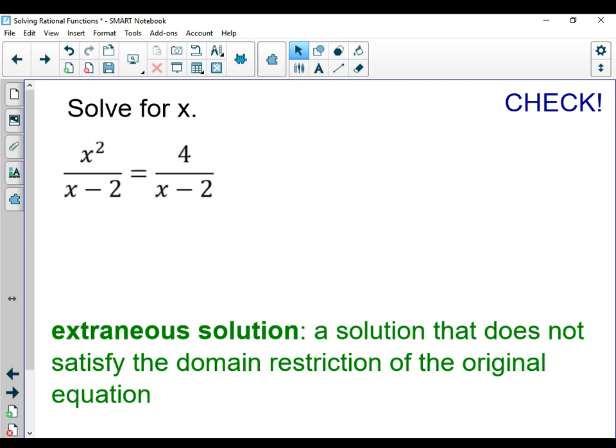What's your guess? -2. Okay, good guess. Is it plus or minus 2? Well, it could be plus or minus, but x minus 2, if x is positive 2, would be 0 on the denominator. Why not? I just told you why not.